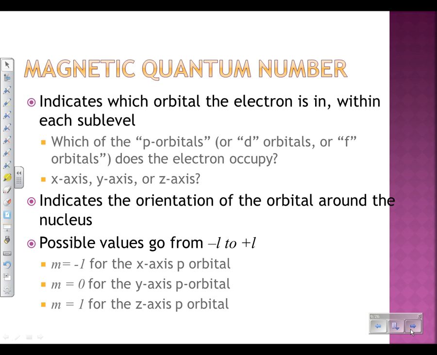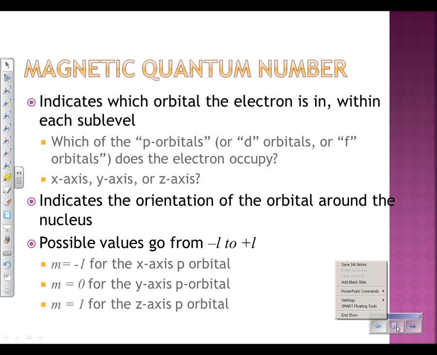Look at your picture on page 2 of your outline. How many pictures of p orbitals do you see in that chart? 3. For d orbitals, what value did we give for L? 2. If we go from negative L to L: negative 2, negative 1, 0, positive 1, positive 2. That leaves us with how many possibilities? 5. How many d orbitals are pictured in your chart? 5. Coincidence? No.